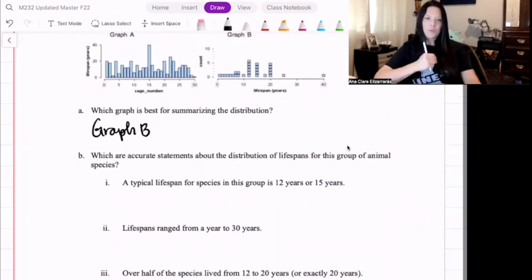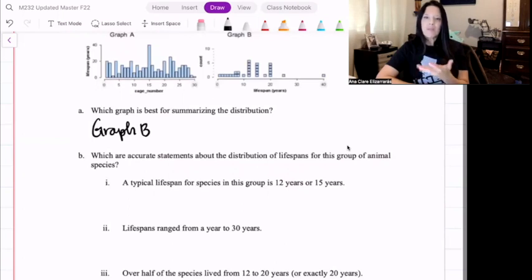We're asked to determine whether the statements given here are accurate or not. And so we're going to use graph B to help us answer that. The first statement says, a typical lifespan for species in this group is 12 or 15 years. Typical, as you'll come to learn, is talking about the average value or the middle value.